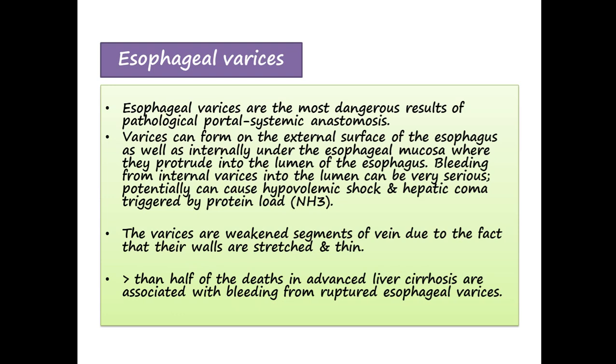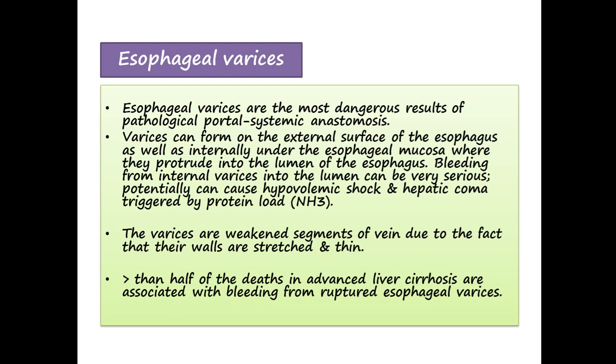So they are hypovolemic, low volume, where we mean that if there is excessive bleeding from esophageal varices into the lumen of the esophagus, which will pass into the stomach and then into the intestine, it can potentially cause hypovolemia, and the patient can develop hypovolemic shock.